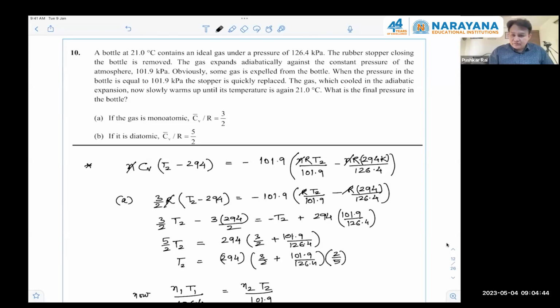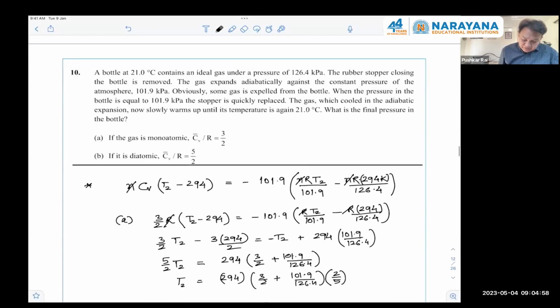So the crux of this is that it is an irreversible process. Since it is an irreversible process, this is the condition I have written. So this is the solution. However you have done it, I've done it like this: n C_V (T2 minus 294), where T2 is the temperature which the gas will attain. If you just open the bottle, this is just like an irreversible adiabatic process.